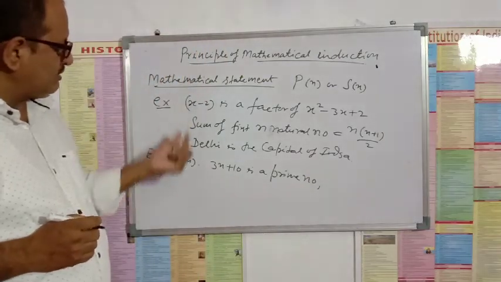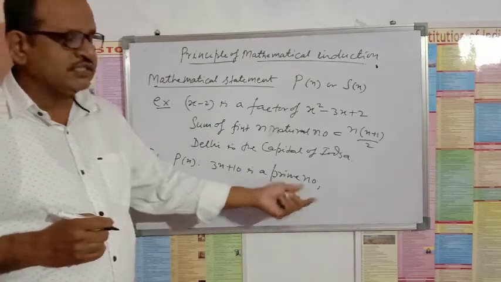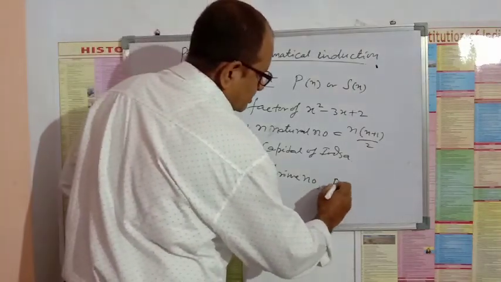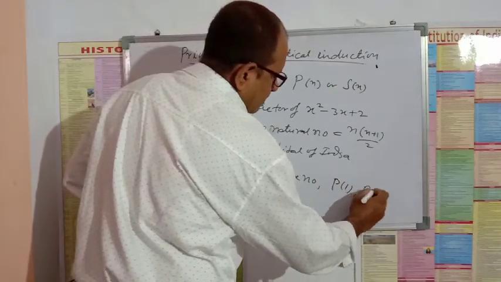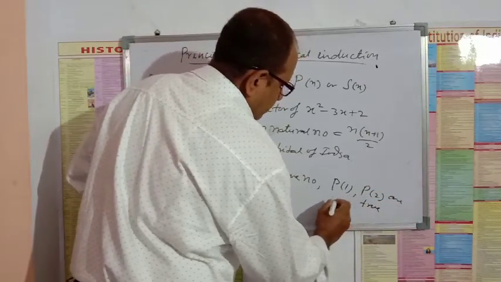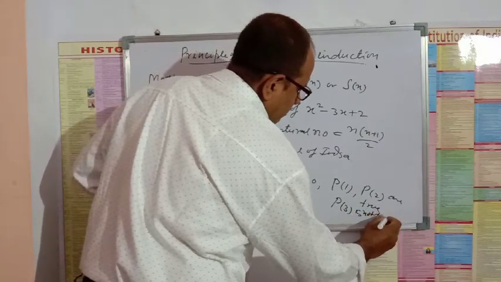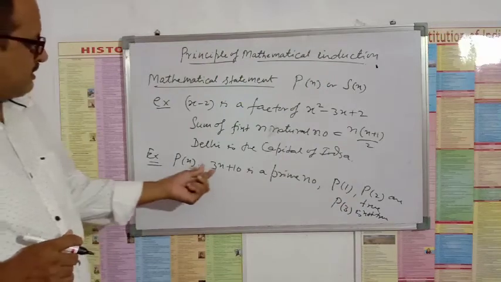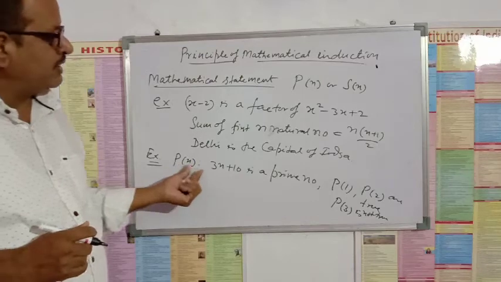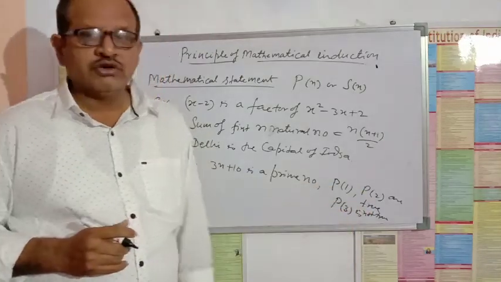Pn means the mathematical statement. We have to check that P1 and P3 are true, but P2 is not true.